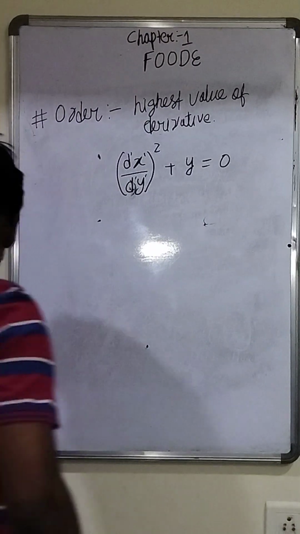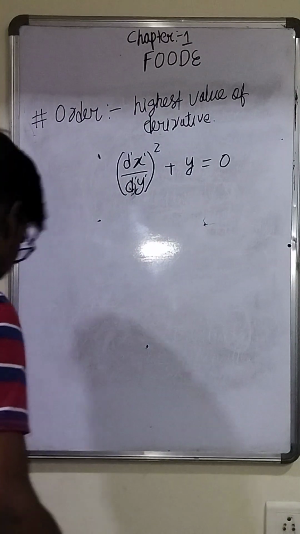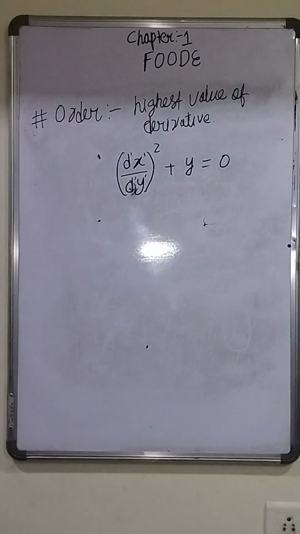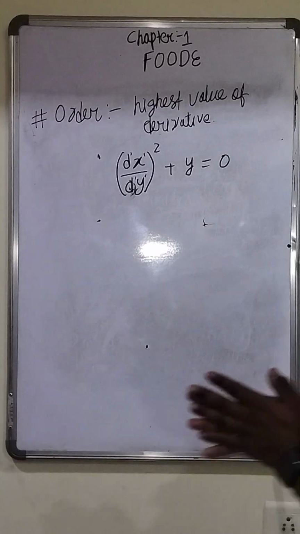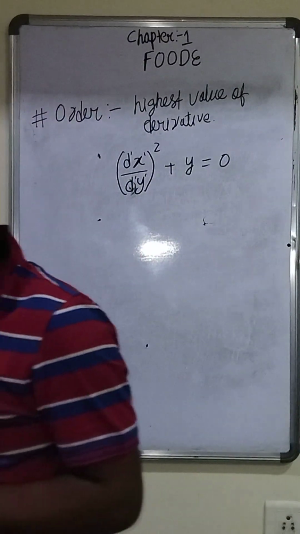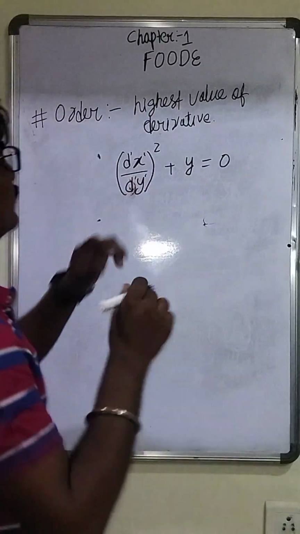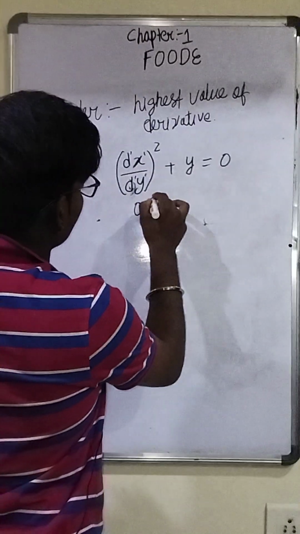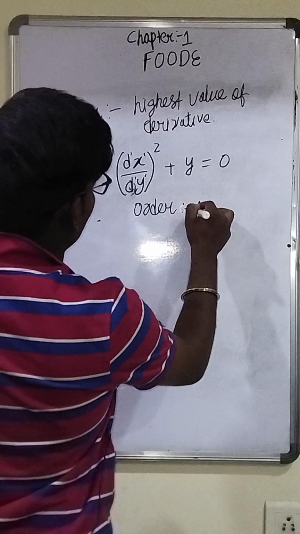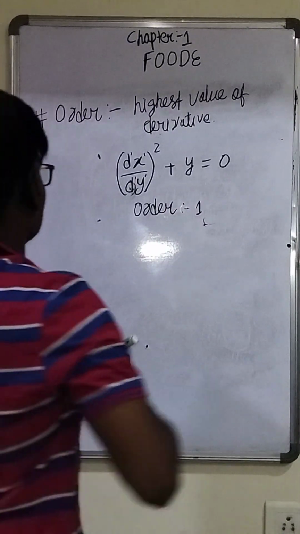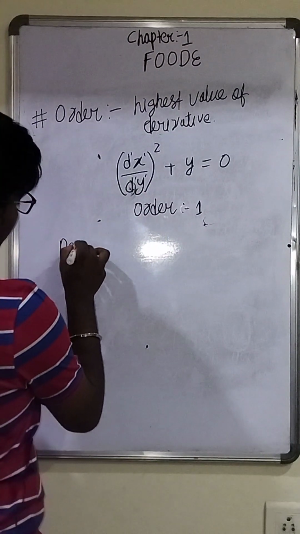So we are discussing the order. The order is 1. And here only I am discussing the degree.